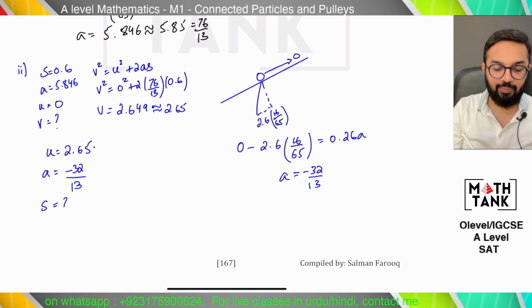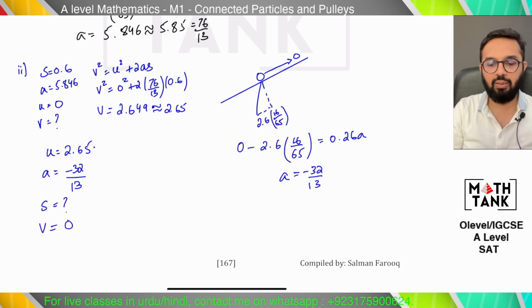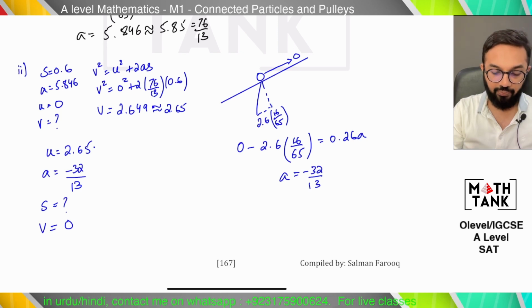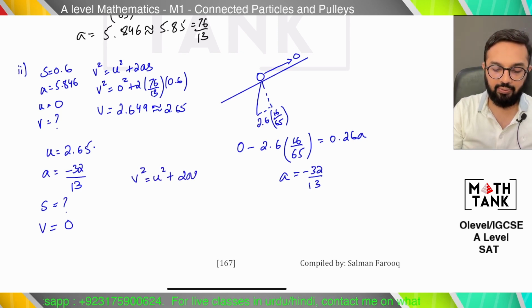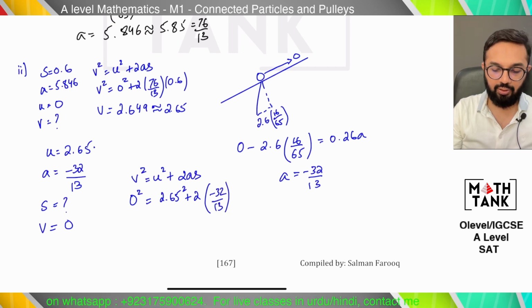How much distance will it move forward when it comes to instantaneous rest, which means that the velocity must equal 0? So again, v squared equals u squared plus 2as. 0 squared equals 2.65 squared plus 2 times minus 32 over 13 times s.